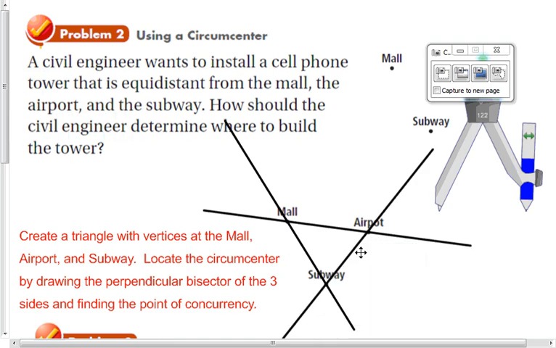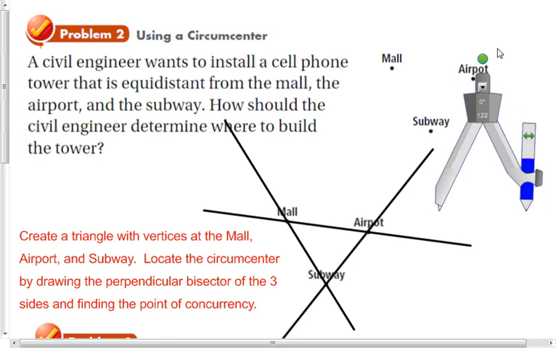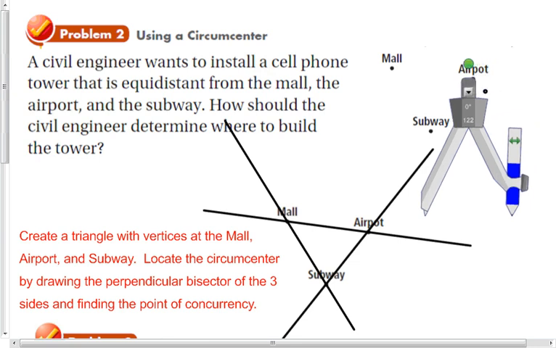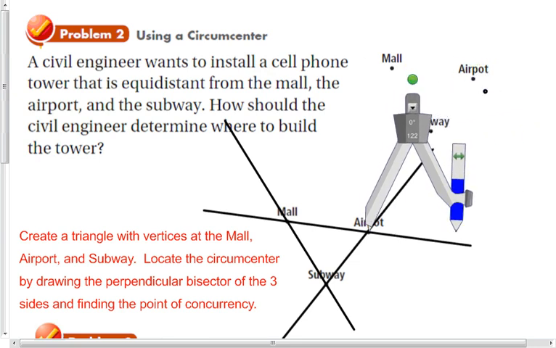So what I need to do is locate the circumcenter of that triangle now, and we can do that by finding the perpendicular bisectors. If it's on a paper like this, we can use a compass to do that. And all I would have to do is find the perpendicular bisector of each of these sides.